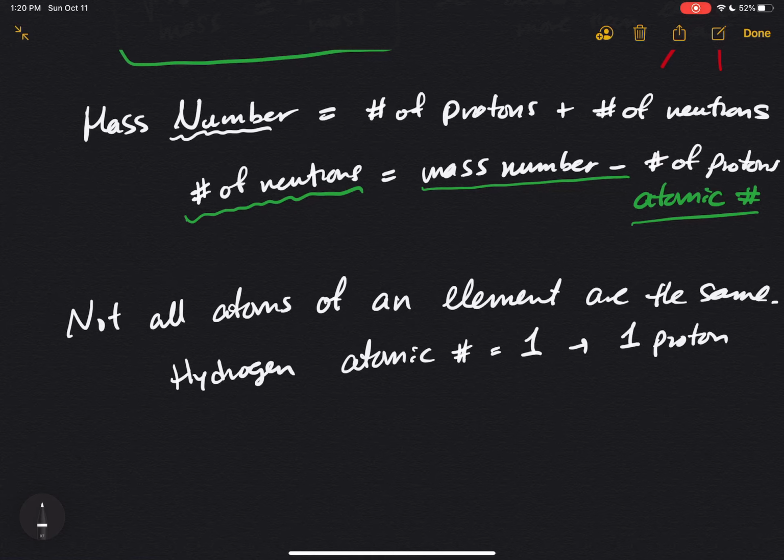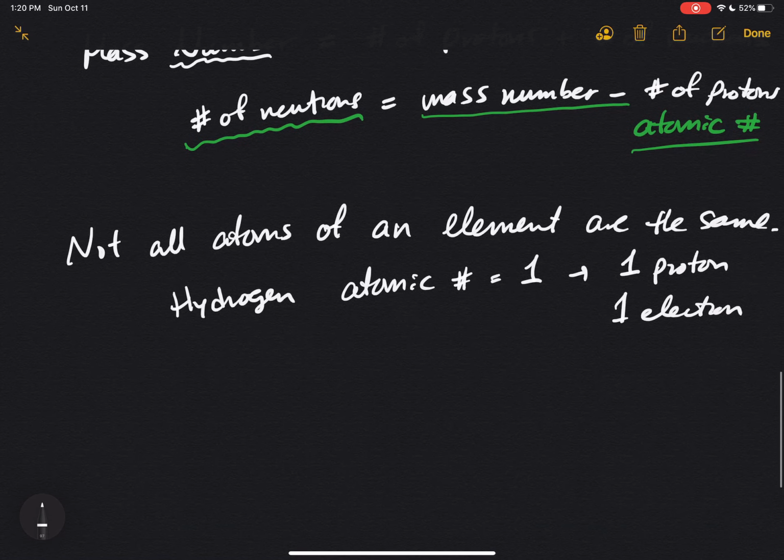And we said that the atom is neutral. So if we have 1 proton, then we must have 1 electron. Always. So every hydrogen atom has 1 proton and 1 electron. True. Always true. But the number of neutrons might change.